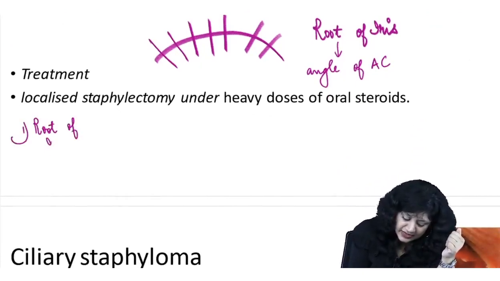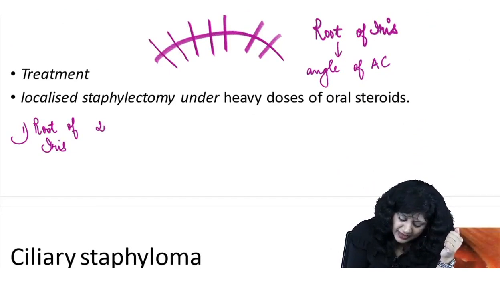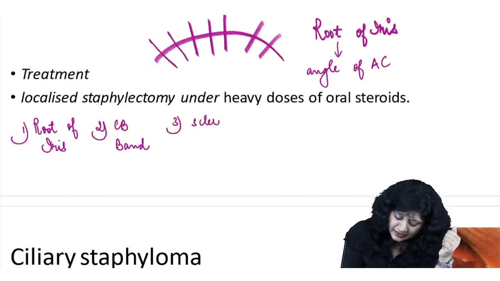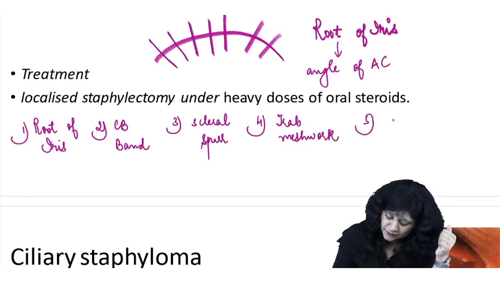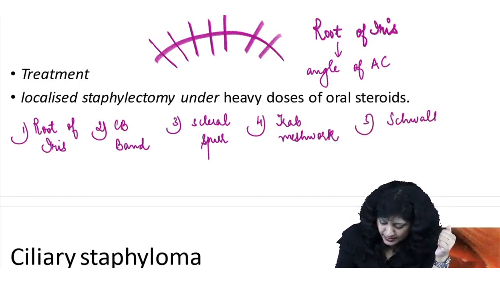So it is actually starting from here. Then we have the ciliary body band. Then we have the scleral spur. Then we have the trabecular meshwork. And finally we have the Schwalbe's line.